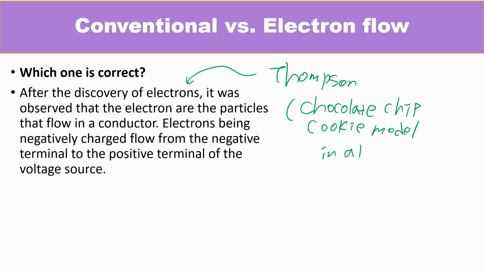In an atom, something like that. It was observed that electrons are in fact subatomic particles that flow in the conductors, and electrons are the ones that are negatively charged, and they are the ones that are mobile. And because they're mobile, they will obviously go towards some place that attracts them, which is a positive terminal of the source.